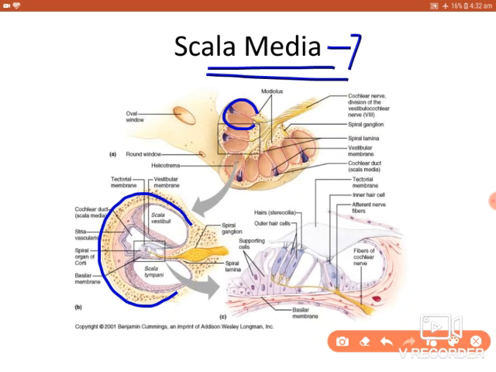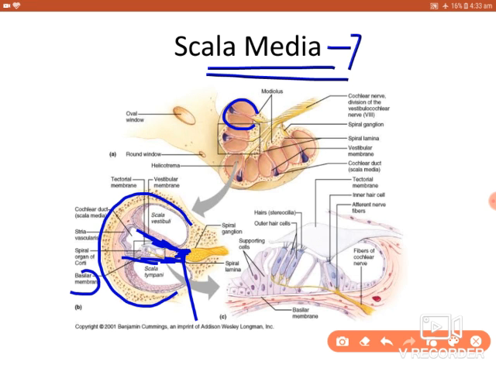Here this is the spiral lamina. These spiral projections are called the spiral lamina. Here we get the vestibular membrane through the vestibular lip. Here we get the tympanic lip, the attachment of the basilar membrane.